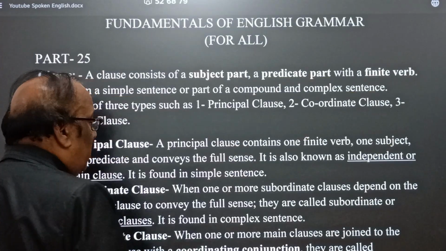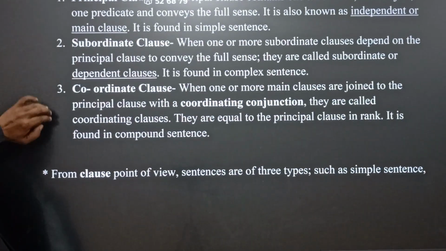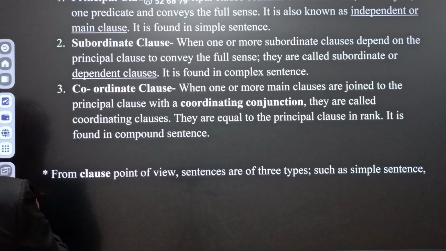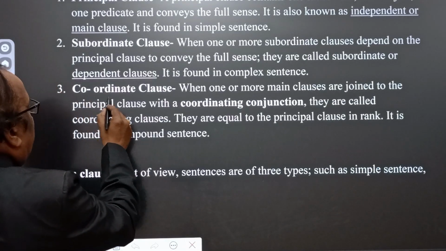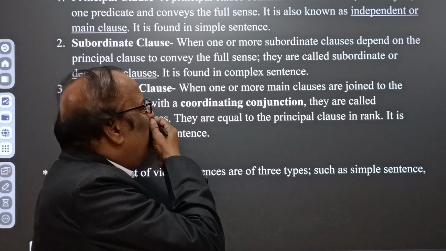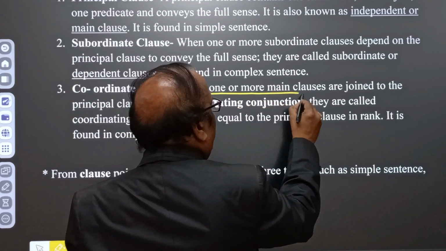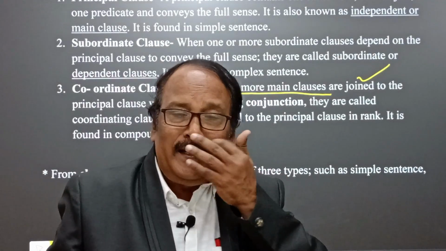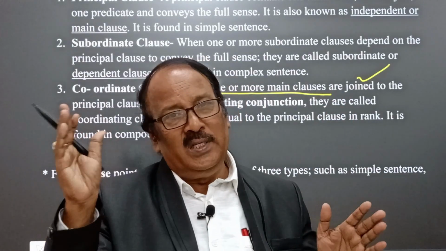This is the matter. The other idea we find in this connection is the coordinate clause. A coordinate clause is a clause when one or more main clauses are joined. Whenever there is one clause, there is a simple sentence.